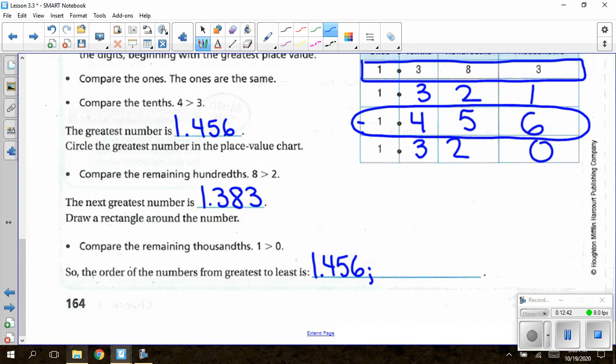My next number we said was the 1 and 383 thousandths. Again, I'm just putting a semicolon in place of my comma. Then we know that the 1 was larger than the 0, so I next have 1 and 321 thousandths. And finally, the smallest number was the 1 and 32 hundredths.